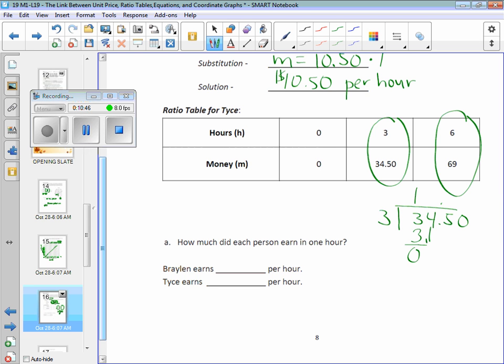Bring down Mr. 4. 3 goes into 4 once. Got to go to termination or repeating. 3 goes into 15 five times. 3 goes into 0, 0 times. $11.50.